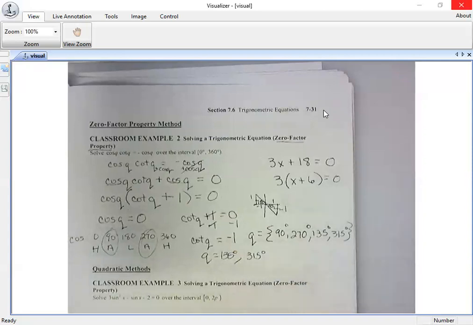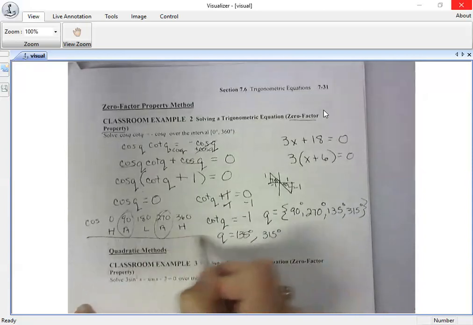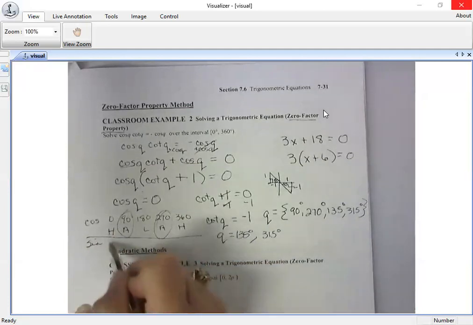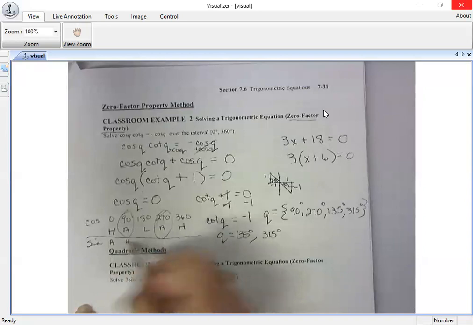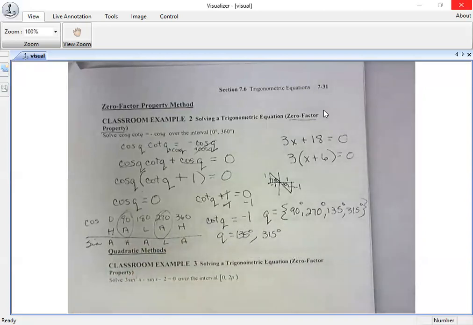Let me go ahead and show you if we had tried to do it. Since cotangent, is it sine over cosine or cosine over sine? Cosine over sine. So here's what we could do. With sine, it would be a holla, and what I would look for is where would I get a ratio of -1.